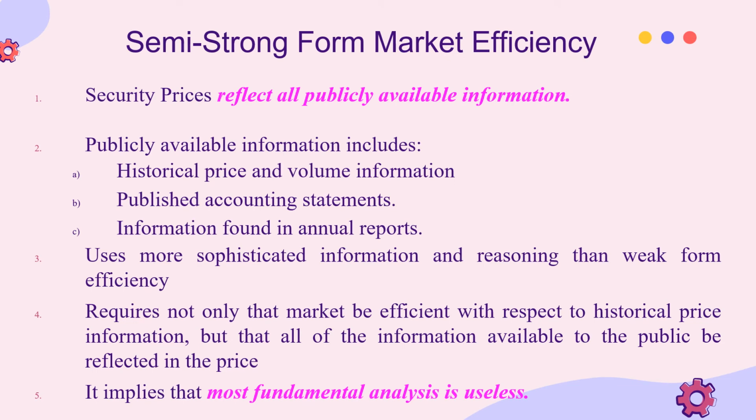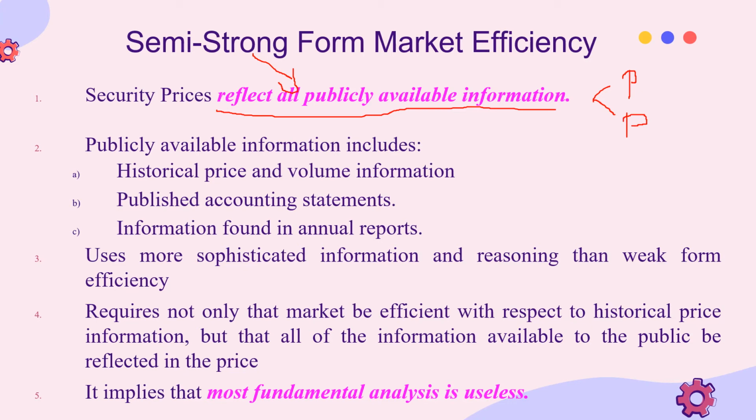Okay, for a second layer, which is the semi-strong form market efficiency, it is security prices reflect all publicly available information. So, dalam public available untuk semi-strong, dia melibatkan all publicly available information. So, apa yang terlibat in here is the past info and the public available information.